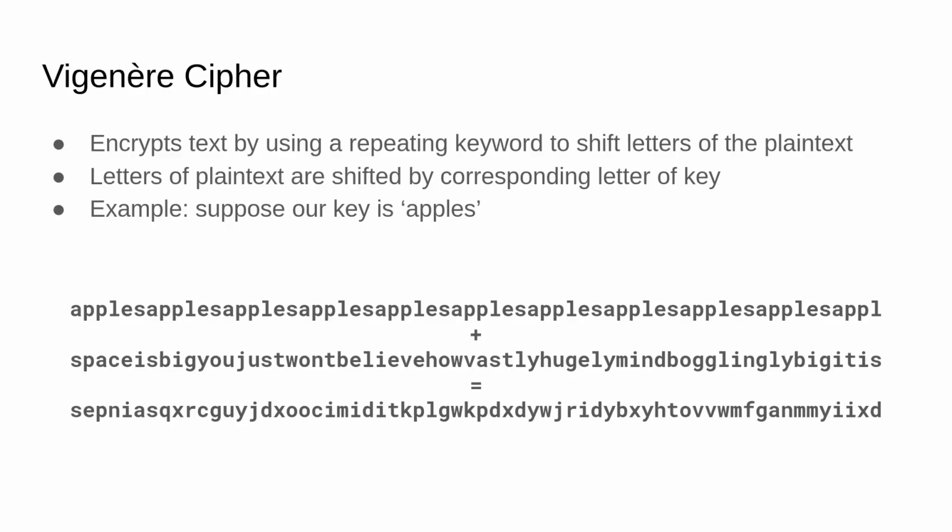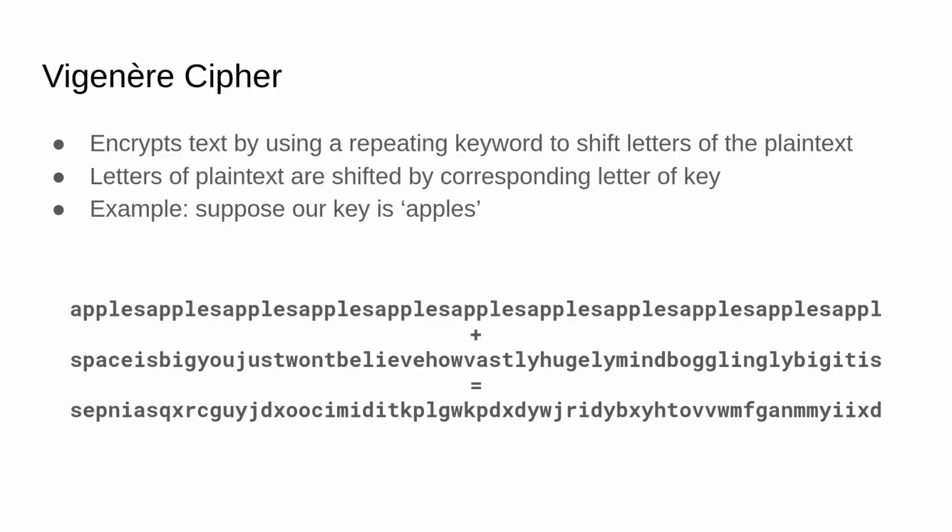For example, take the first letter: A is 0, so 0 plus the letter S is basically the letter S. And the second letter, P, is plus P, and then mod 26. Basically, the addition is exactly the same as that in the Caesar and affine ciphers.